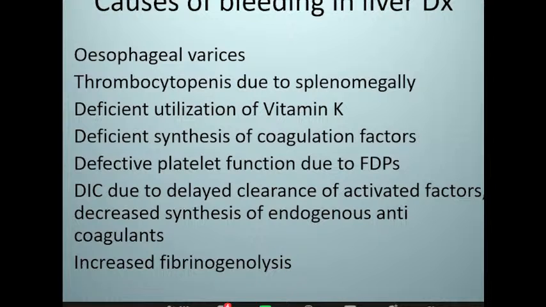Because of deranged liver functions, we have diminished coagulation factors due to decreased production. We have an enlarged spleen, which is pooling the platelets. And because of that, bleeding can be very severe in patients with portal hypertension, bleeding from esophageal varices.